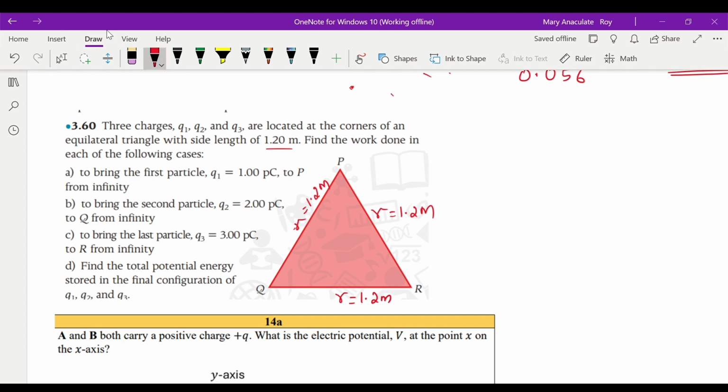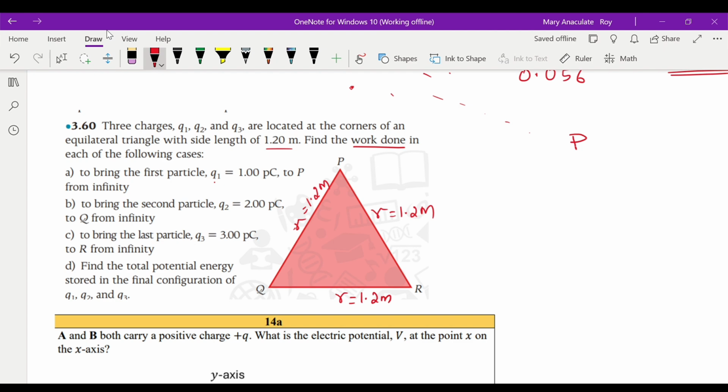Alright, so let's see what part A is asking us. Part A is to find the work done to bring the first particle Q1 to P from infinity. So this point P, when you bring from infinity, you have to be careful that you don't have Q and R already placed. If the charges are placed, then the energy is totally different.